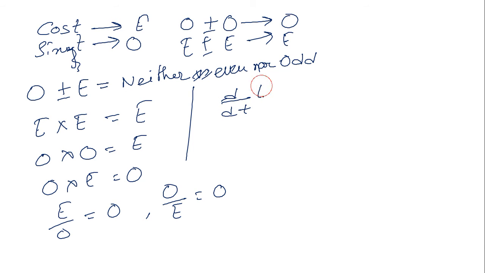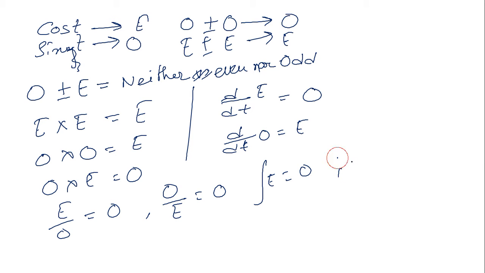the differentiation of even gives an odd outcome. The differentiation of odd gives an even outcome. The integration of even gives an odd outcome. The integration of odd gives an even outcome.